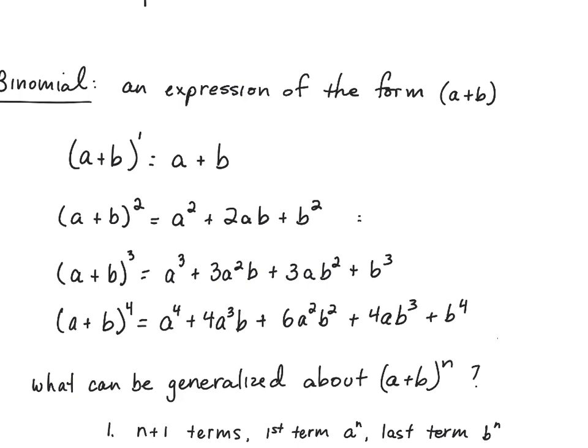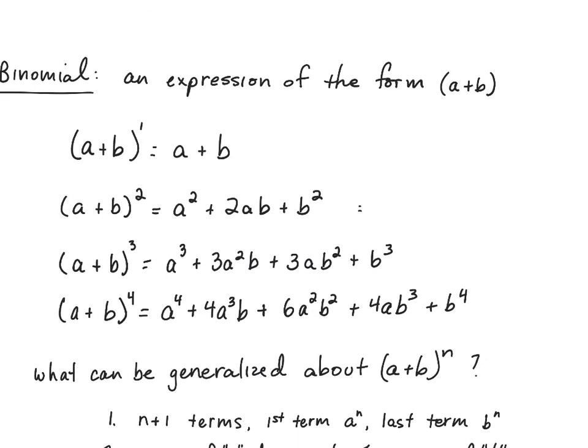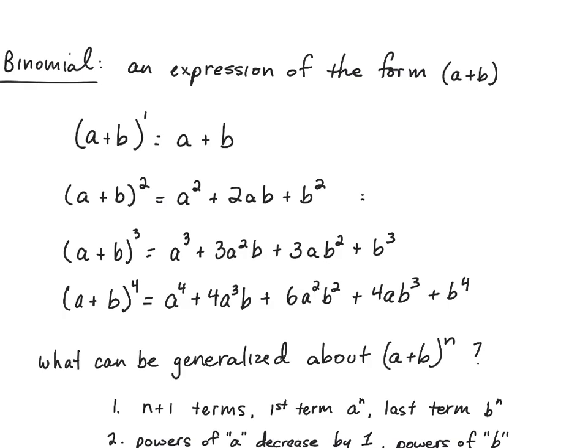And you can see that the first term of the expansion is always the first term of the binomial raised to the same n power. And then the last term of the expansion is always the last term of the binomial raised to the power of n. That's what it is talking about here in this first thing.